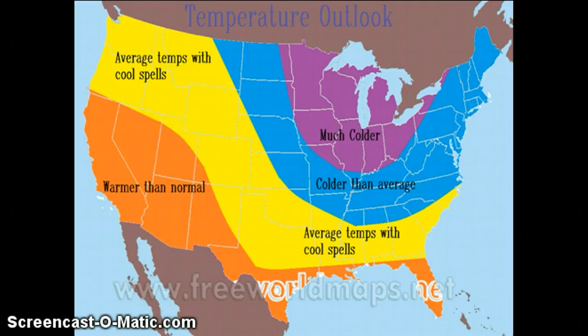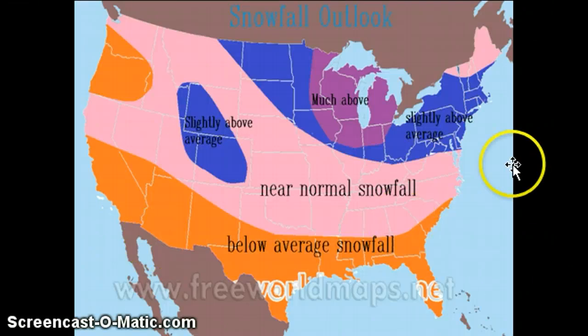Then we have my snowfall map, which in the east, the upper northeast in Maine, northern Vermont and New Hampshire, and extreme northern New York, expect average snowfall. Areas in the more southern northeast and upper mid-Atlantic expect slightly above average snowfall.